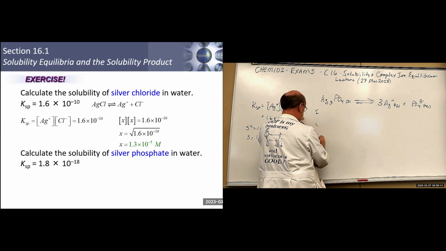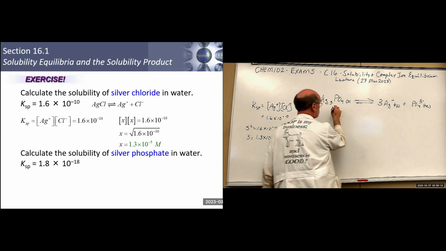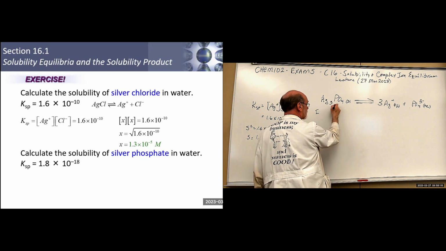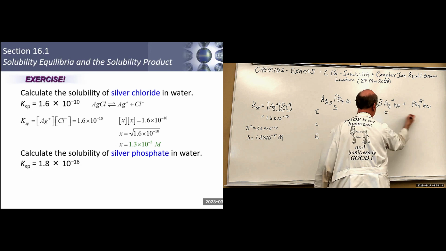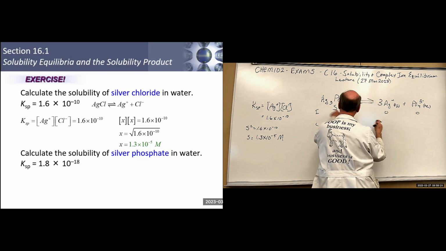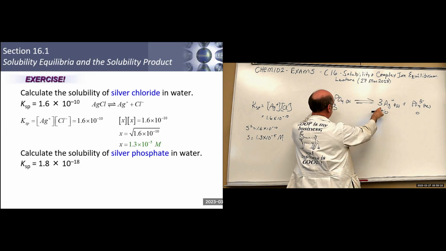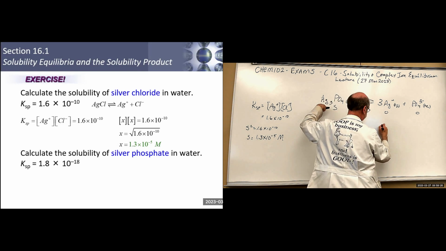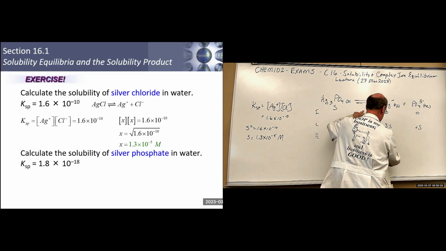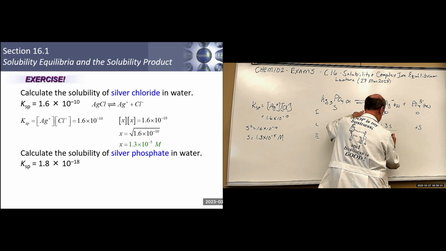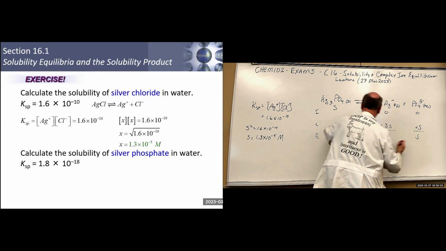Just to be consistent, the solubility here is our S value, and we start off with 0. Then we're going to add 3 S's for every one of these, and we're going to add 1 S over here. So that means we have 3S here and an S here.